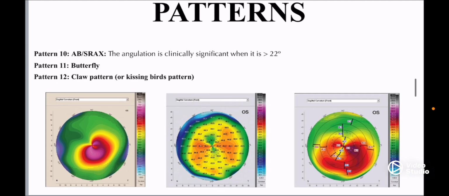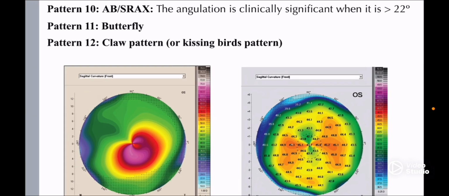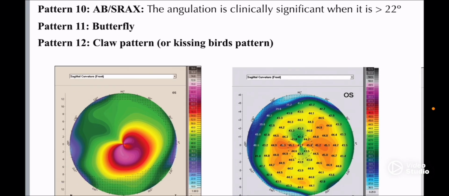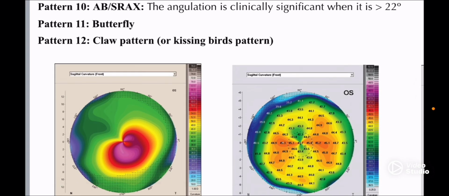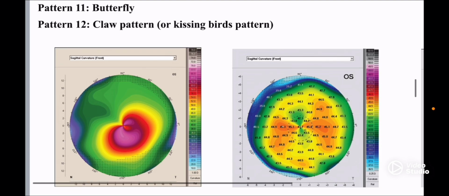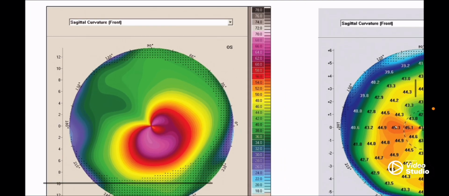Now coming on to pattern number 10. This is very important. The angulation is clinically significant when it is more than 22 degrees. What does it mean? It is asymmetrical bow tie pattern with angulation between the two lobes. Okay, like it is seen in the leftmost image.